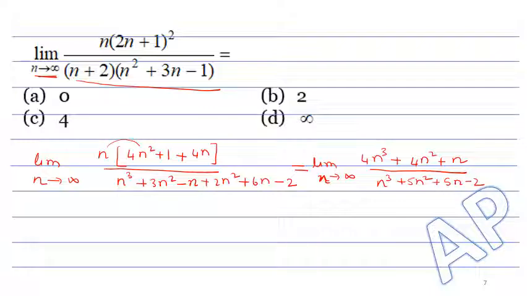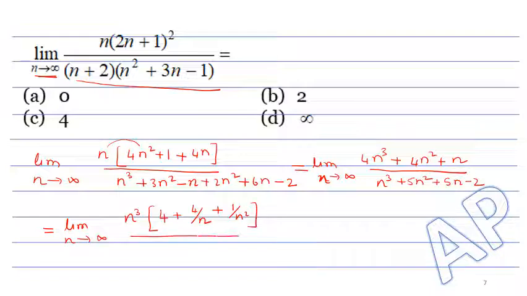Now let us take n cube common in both numerator and denominator, so that I have n cube into 4 plus 4 by n plus 1 by n square, whole divided by, when you take n cube common in the denominator, we will get 1 plus 5 by n plus 5 by n square minus 2 by n cube.